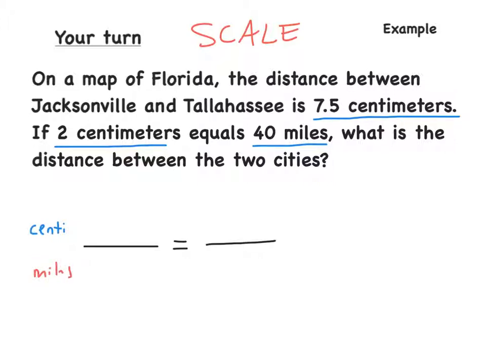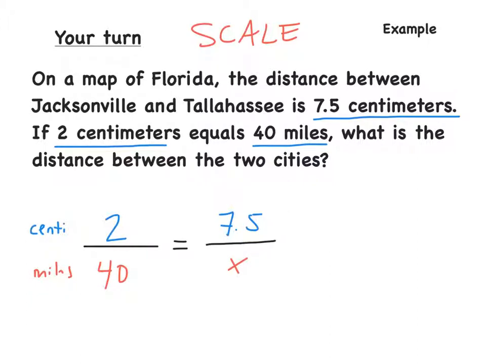So if we know 2 centimeters is equal to 40 miles, and we know that on the map the distance between them is 7.5 centimeters, since the centimeters are in the numerator, we could put 7.5 in the numerator as well. So we are trying to find the distance between Jacksonville and Tallahassee. So that is what we're solving for, x.